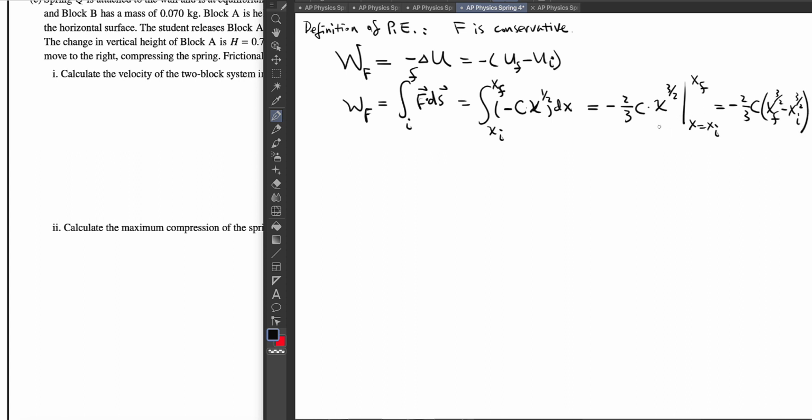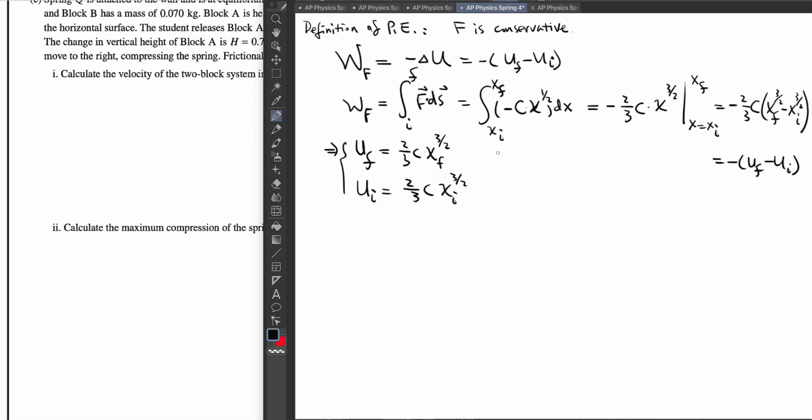If I compare this expression to negative (U final minus U initial), then I can conclude that U final is 2/3 C x to this power 3/2, minus the x initial to the power 3/2.